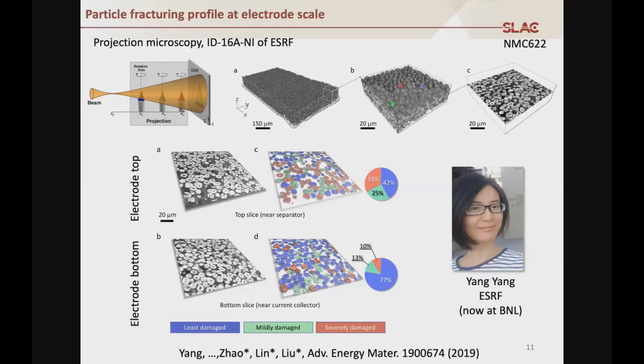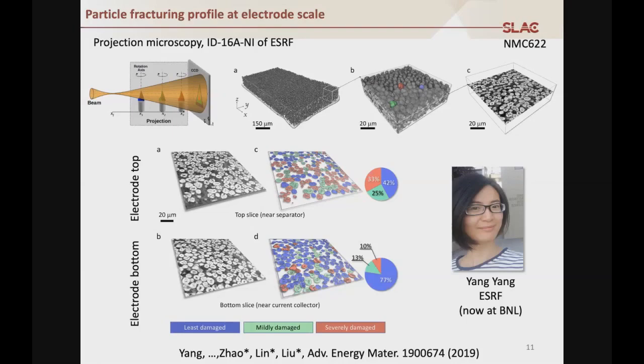And the fact that we can resolve so many particles at once gives us the possibility to really perform the analysis with statistically meaningful information. And on the lower left side here, I show you a virtual slice through the cathode electrode.